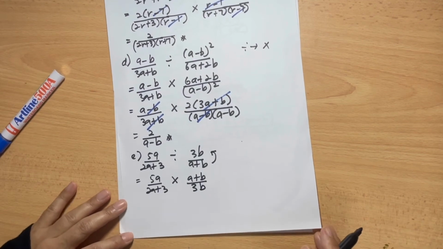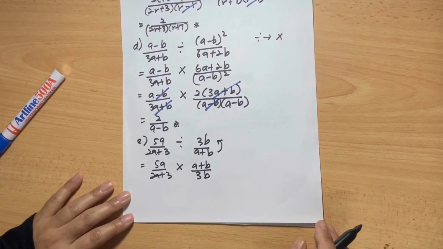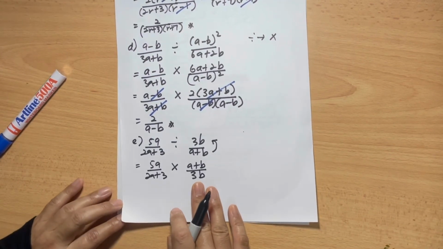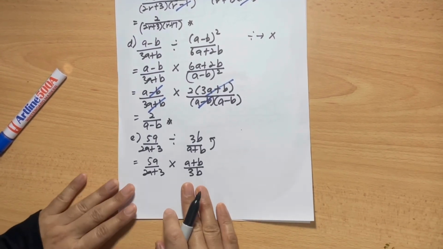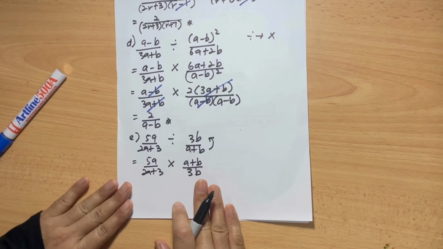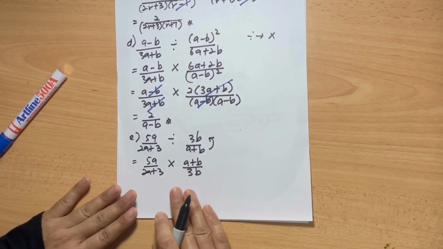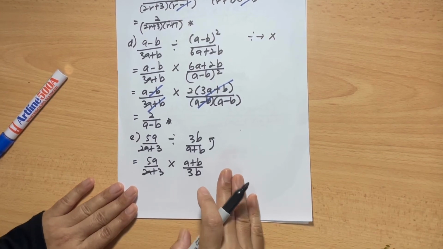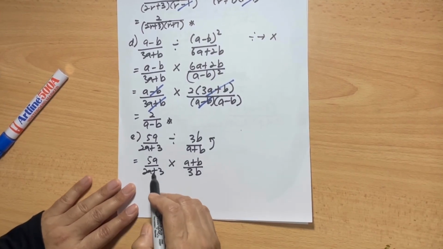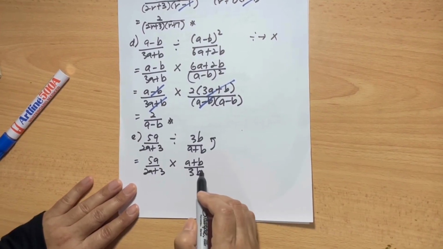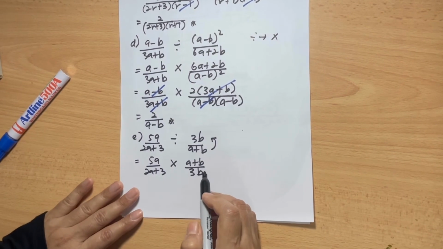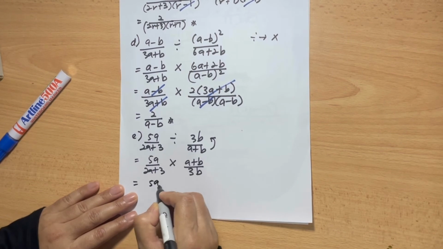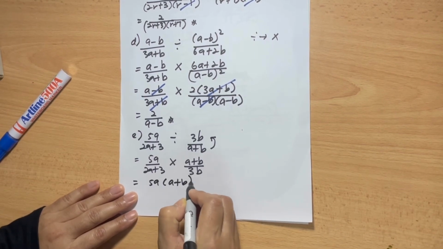Now we look at the algebraic expression here. Whatever we can cut, we cut. We reduce the value. If you cannot reduce the value, you just times everything. When you compare the algebraic expression here, there is nothing we can cut. So if we cannot cut, you just write down the expression.